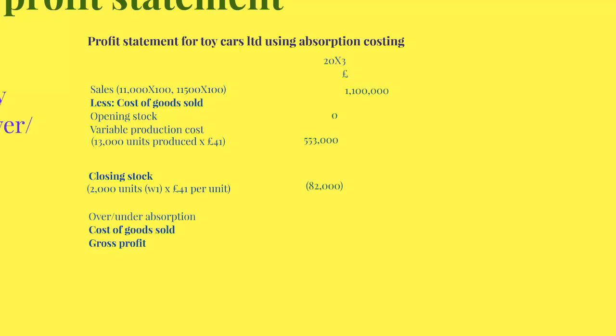And then, of course, we also need to deduct our over absorption because we applied £10,000 too much in absorption to our production cost. So that gives us a grand total cost of goods sold of £441,000 and therefore a gross profit of £659,000.